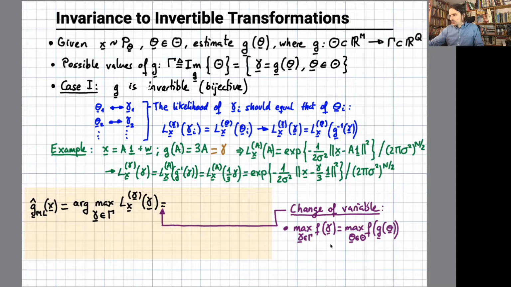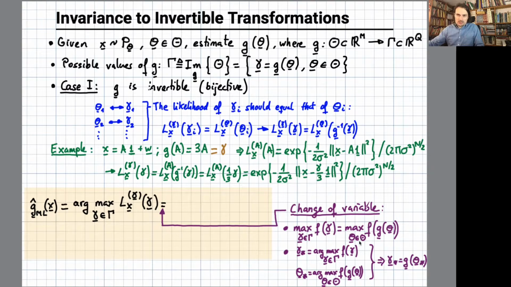And this is precisely the case, right? We have defined gamma to be the set of all the images of the points in capital theta through the function g, right? So this is obviously an identity, okay? And one can also relate the optimal gamma here to the optimal theta here. It is easy to see that they are related by this equation here.